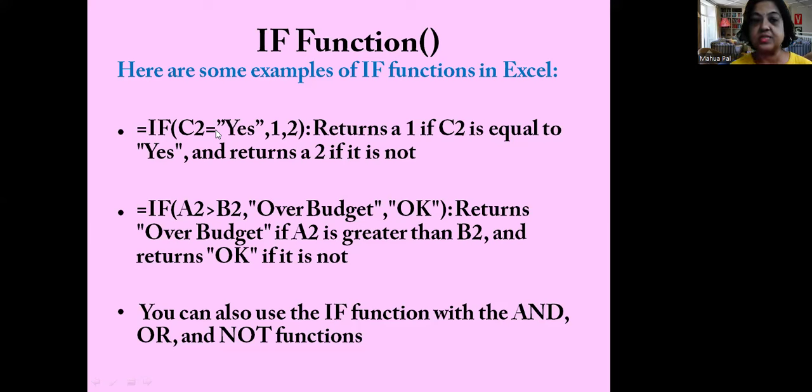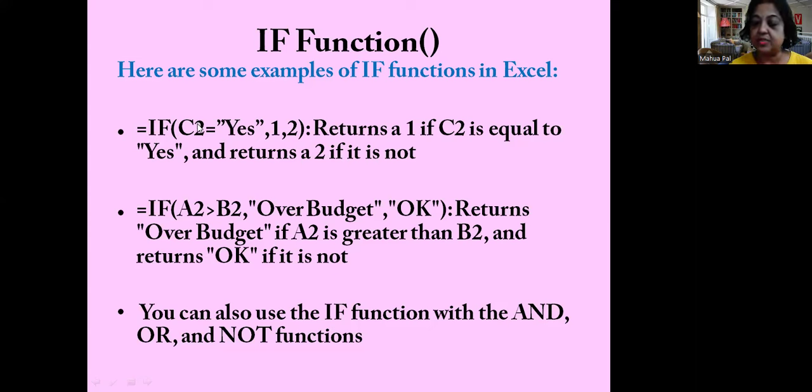What does this mean? Here C2 is not any word or any value. C2 is actually mentioning the location in the Excel sheet. So C2 is actually the cell reference or cell address.